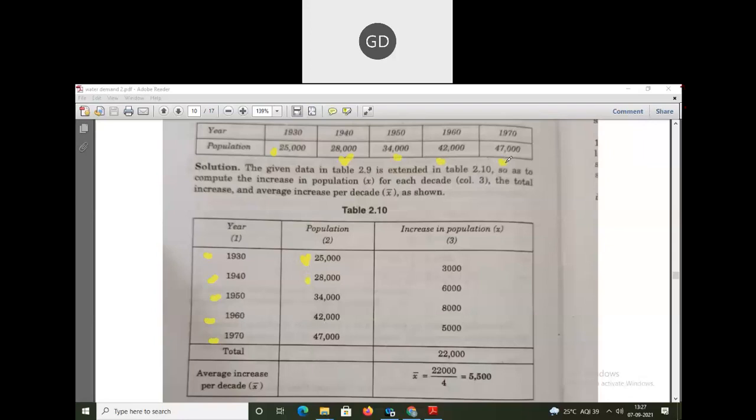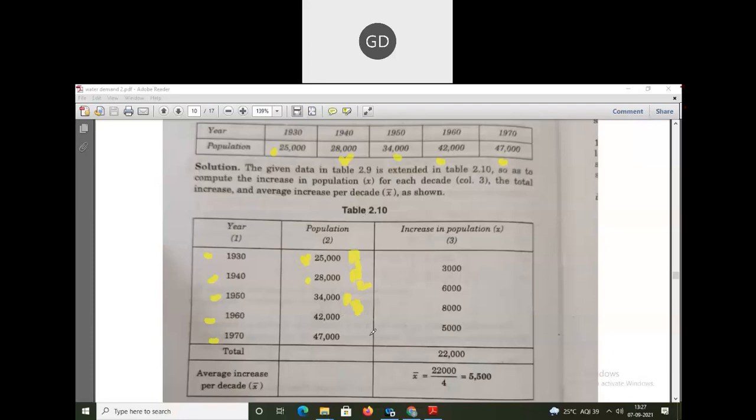Okay, so now our main aim is to find out the x. How will you find out the x? Suppose I name these populations P1, P2, P3, and similarly P4 and P5. What will you do?